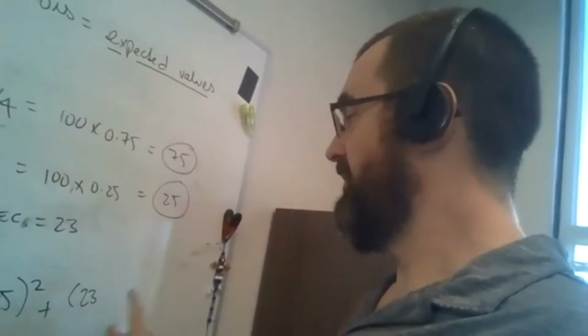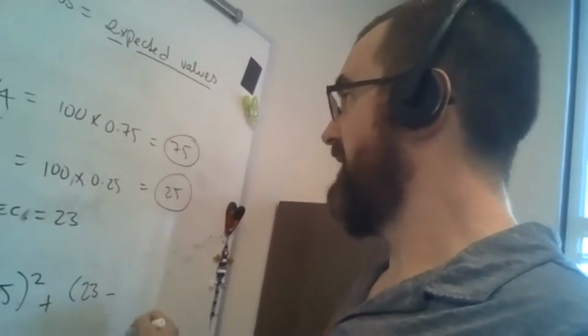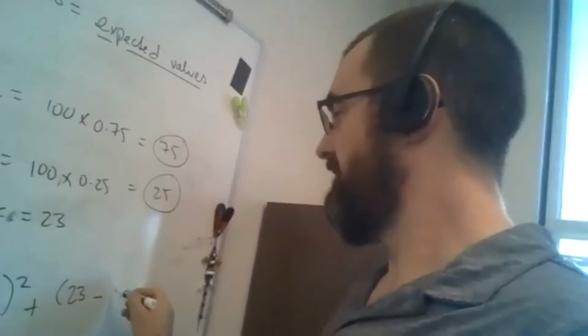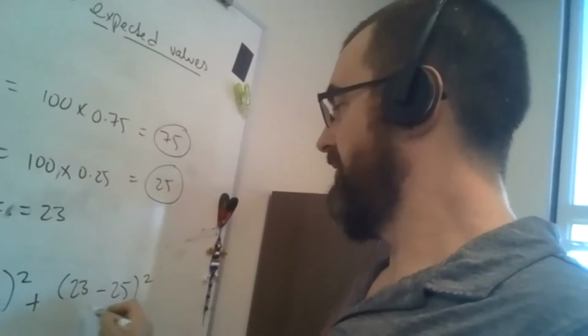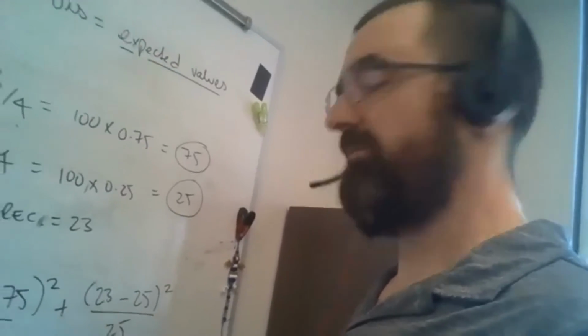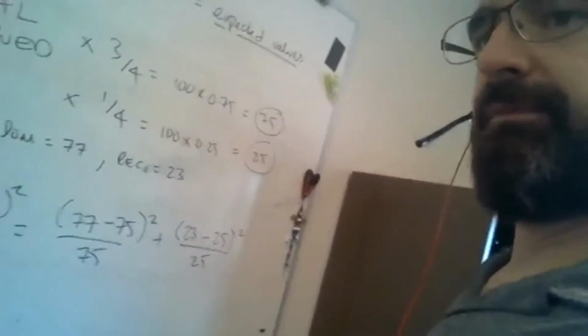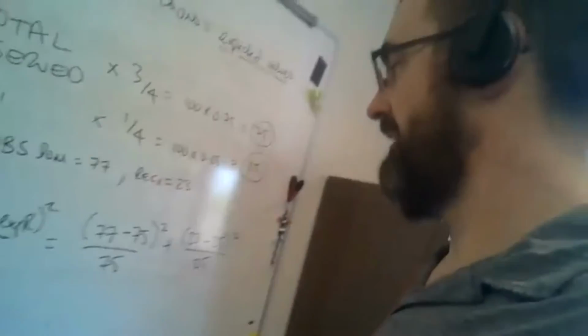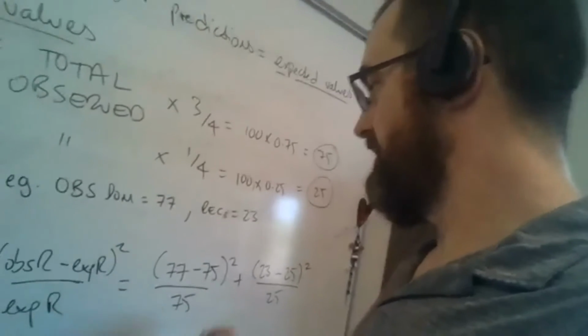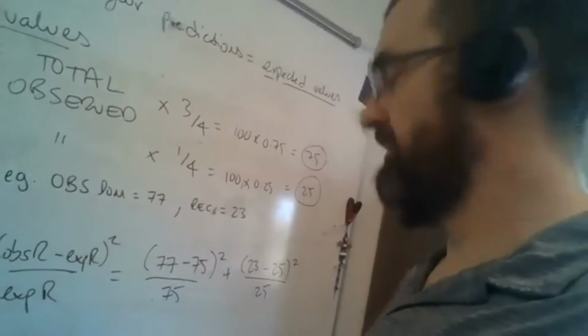Anyway, so 23 minus our expected, 25, over 25, right? I'm going to need a little bit of help with the calculator in a second. So that one's easy.